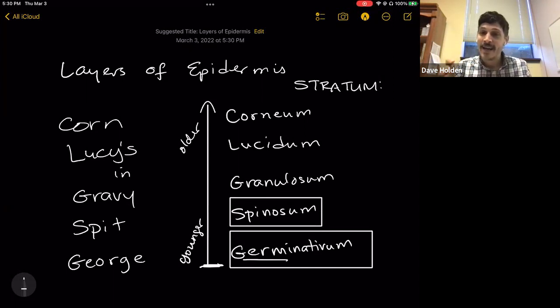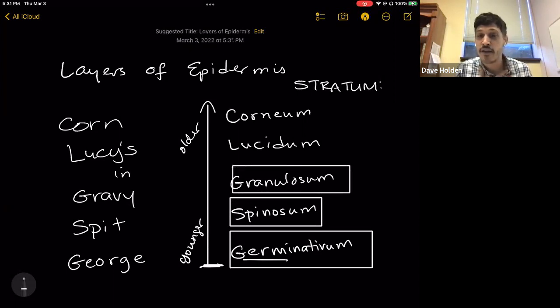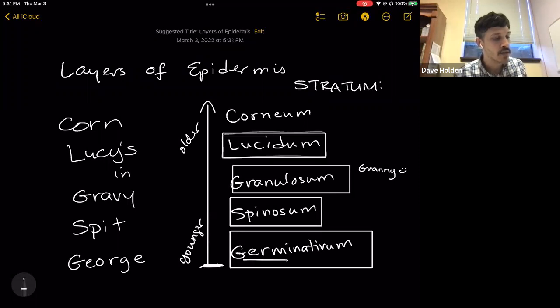After you pass through the spiny layer, we reach stratum granulosum, as I like to call it, the granny layer. The granny layer. The cells are getting old. White-haired, big glasses, Sophia Petrillo style. They're becoming grannies. By the time we get to stratum lucidum, most of these cells are right at the end of their lives.